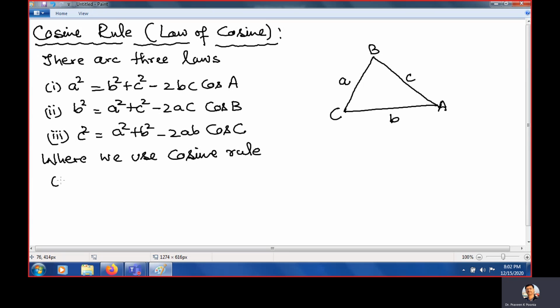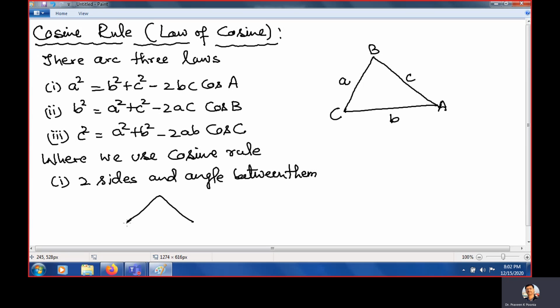If you remember, there were two places where we cannot use the sine rule. What is it? Two sides and the angle between them. This is condition number one.